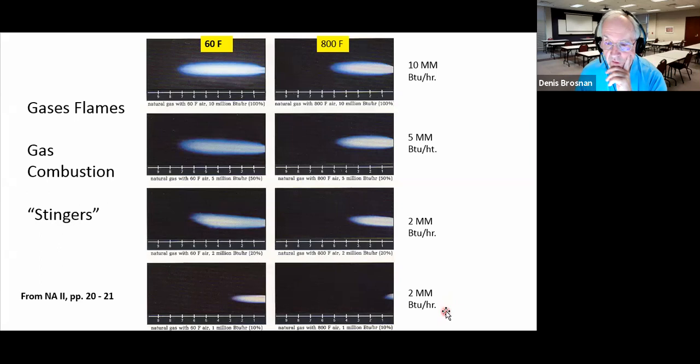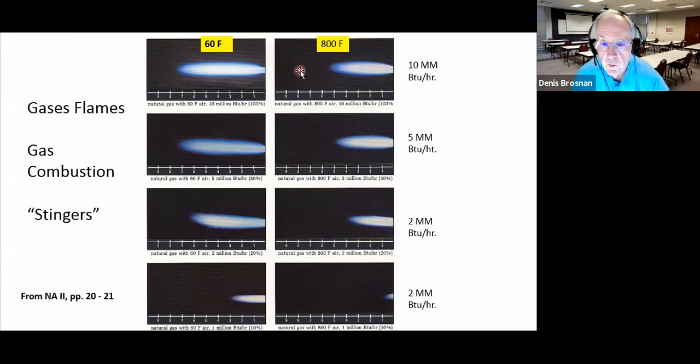And so you can see how the size of the flame changes as you change the heat output of the burner. You burn a lot more fuel, use a lot more air, and so we have a bigger flame.